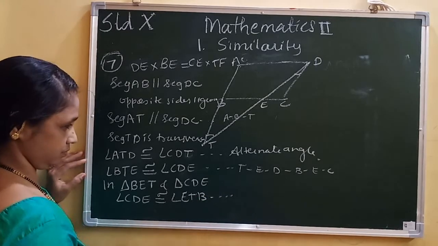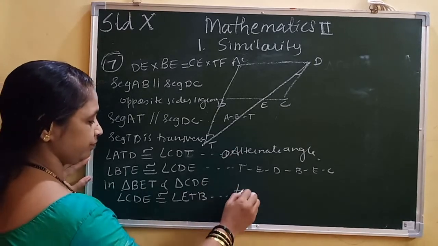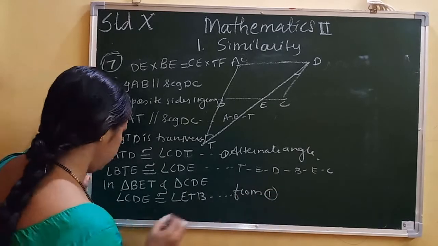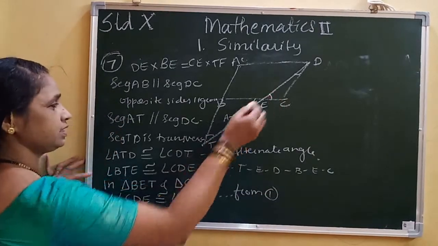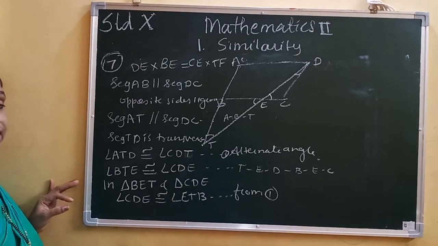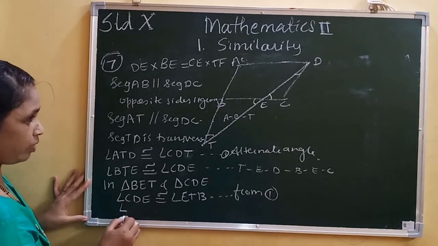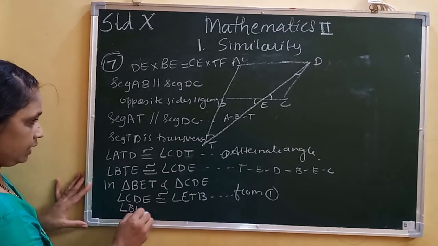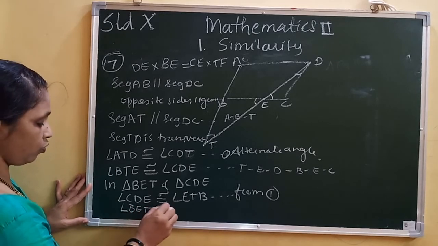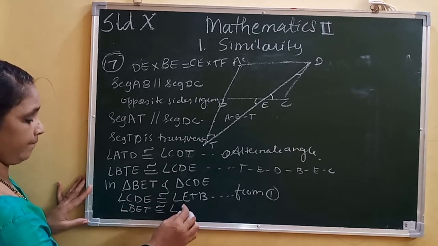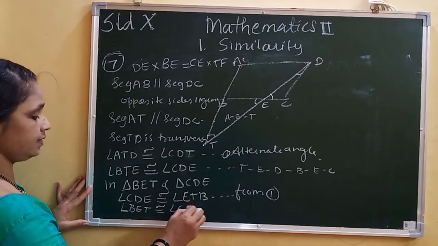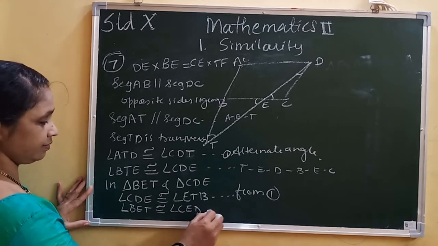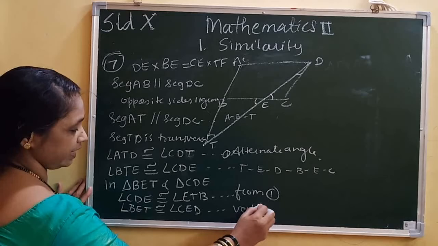Now these angles are congruent, they are vertically opposite. Okay, so angle BET is congruent to angle CED, vertically opposite angles.